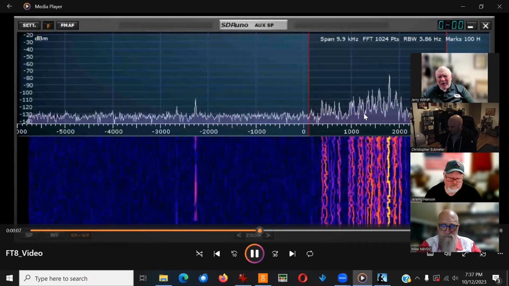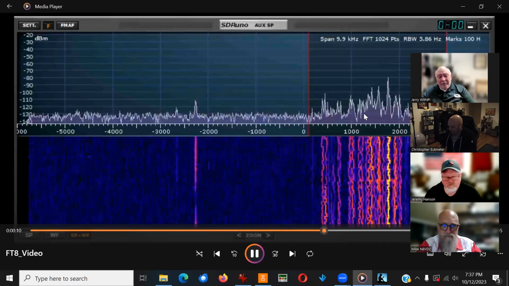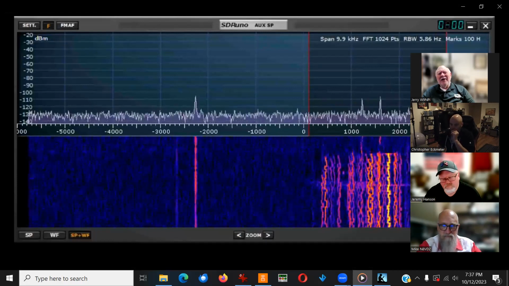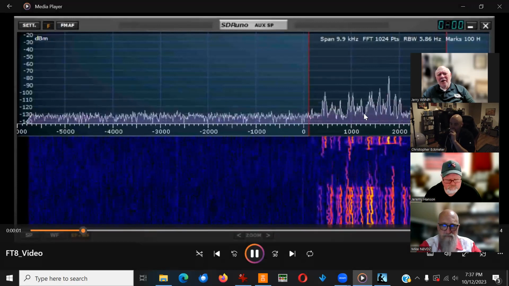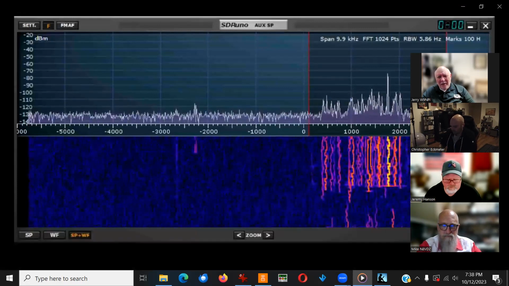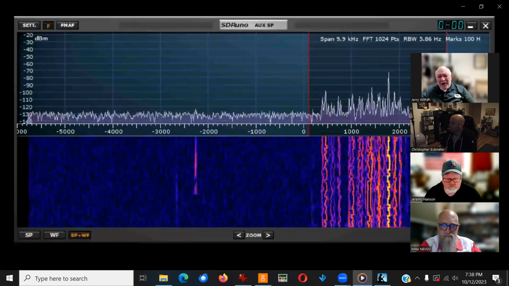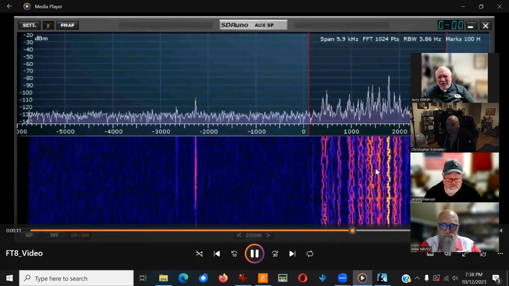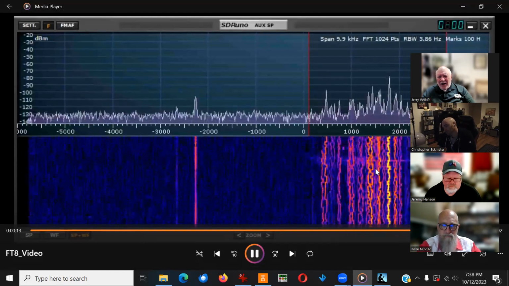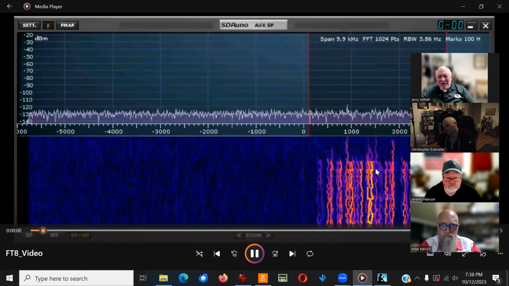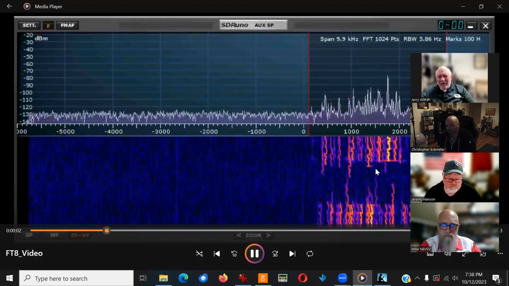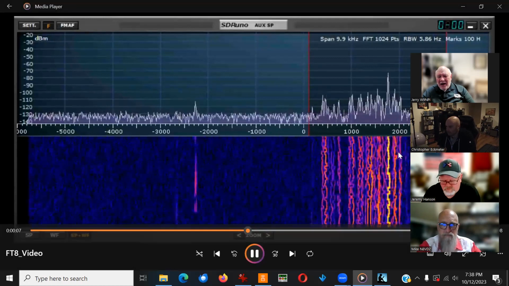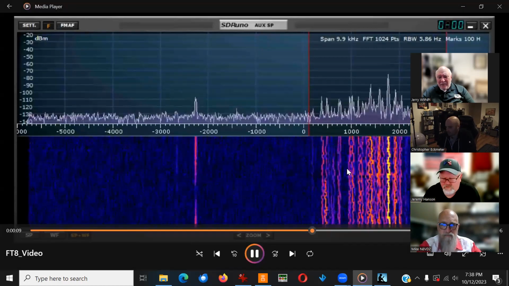And once you get onto the bands, like 28.074, you'll be able to hear signals like this. I don't believe you are licensed to operate on that yet until you get your general. I think you have just voice privileges on the 10 meter band, but anyway, that's something to look forward to.